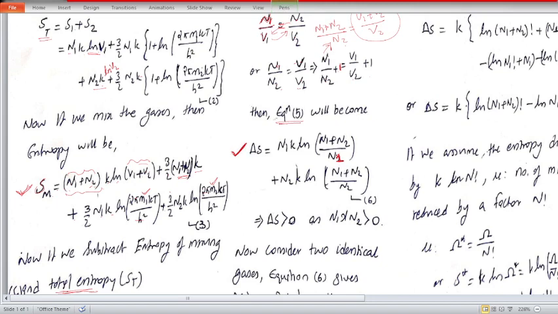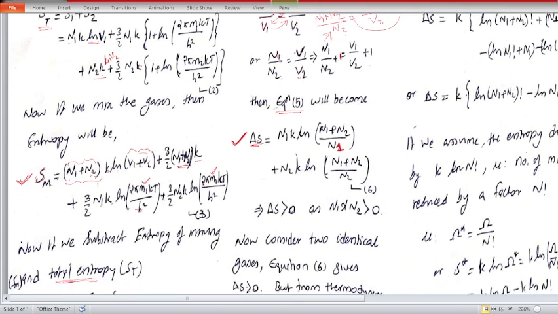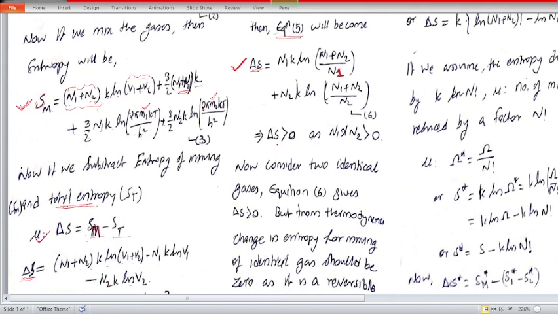Then you will get delta S, that is change in entropy, as N1 k ln (N1 plus N2) by N1, and N2 k ln (N1 plus N2) by N2. Now, if you consider this scenario also, delta S will be positive as N1 and N2 are positive quantities. So delta S is still greater than 0, no problem with this equation also.